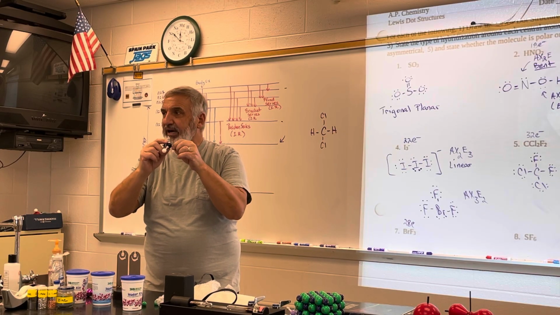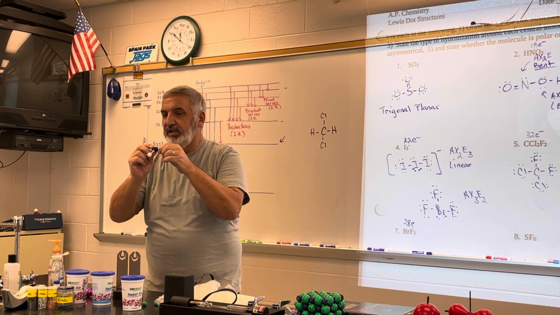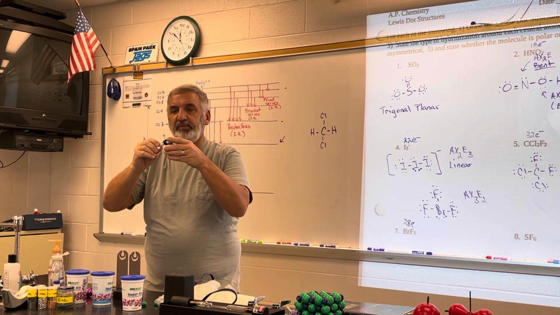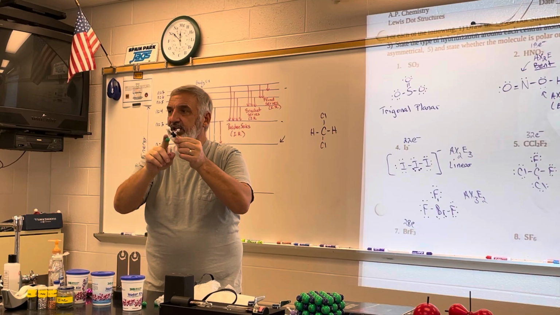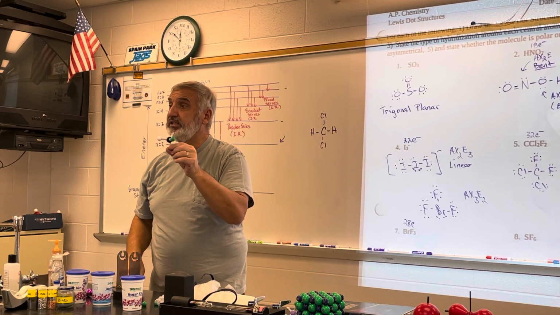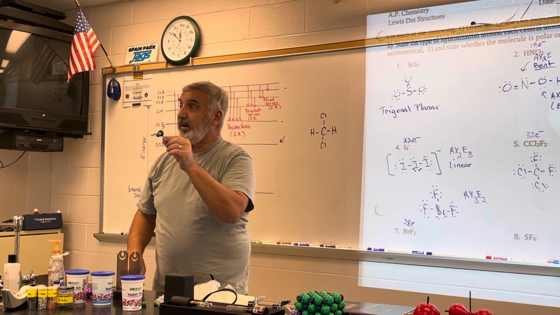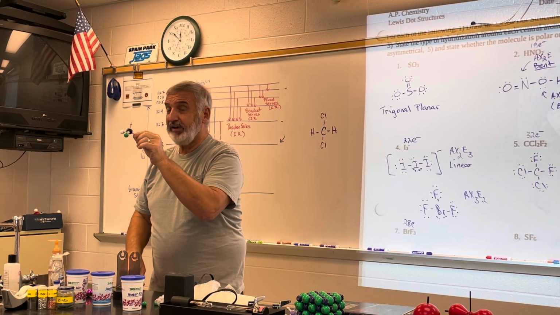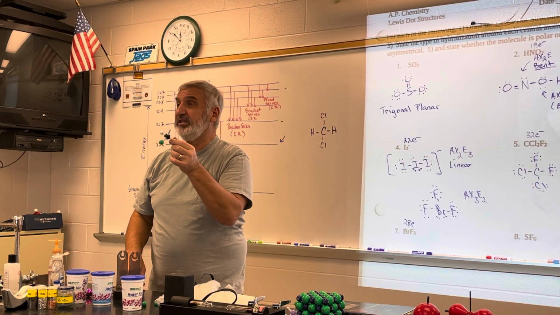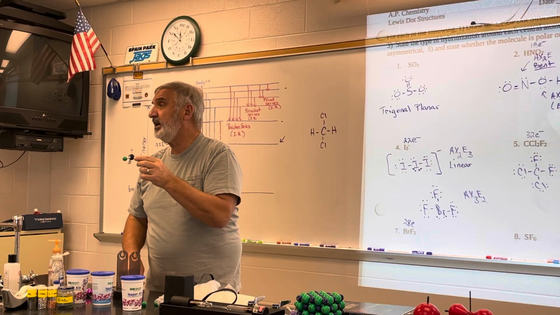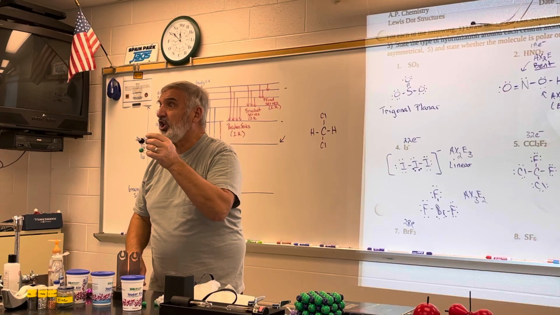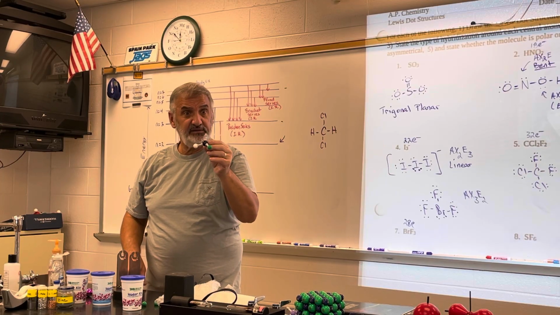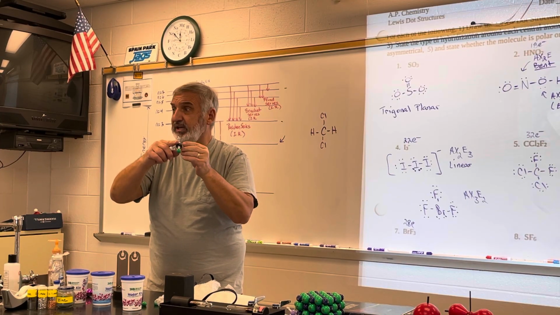Lone pairs occupy a greater space than bonding pairs, so it's going to close the umbrella a little bit. There's a little bit greater electron-electron repulsion, so these bond angles get smaller, about 2 to 3 degrees per lone pair. My bond angle started at 109.5, and now it's a little bit less. For ammonia, it's 107.3. It's different for every compound, but it's a little bit less than 109.5 because lone pairs occupy a greater space.